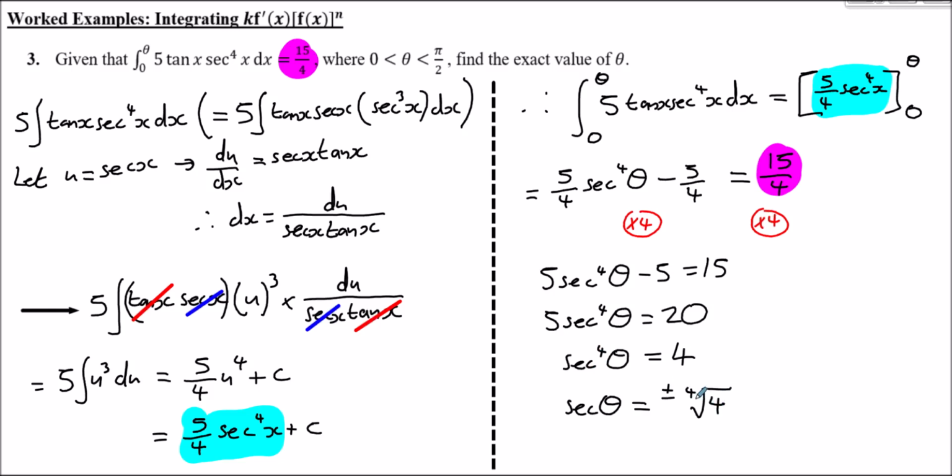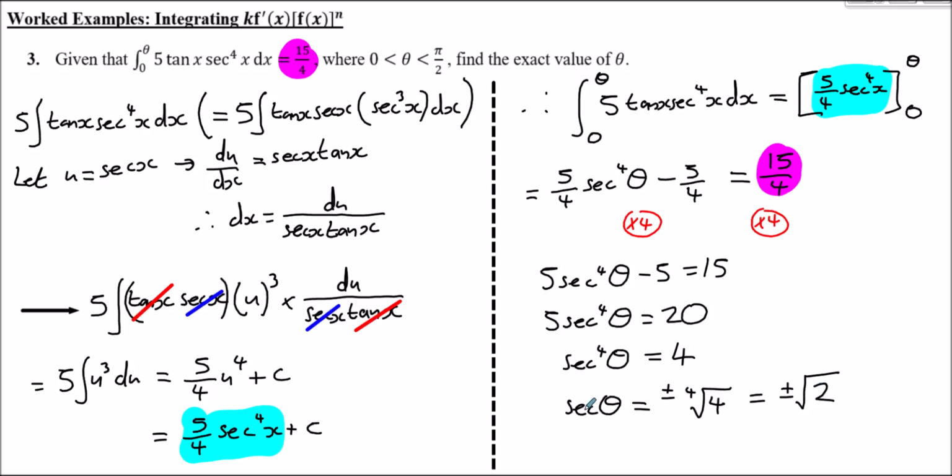Now, the fourth root is the square root of the square root. So it's plus or minus the square root of the square root of 4, which is 2. So I've just got plus or minus root 2, of course.